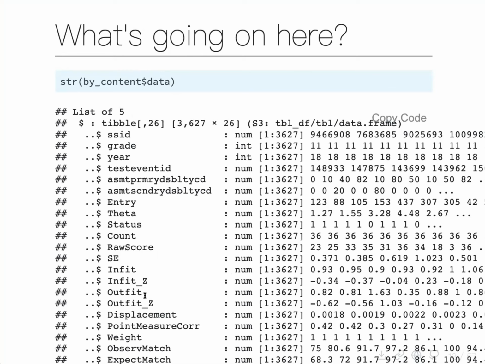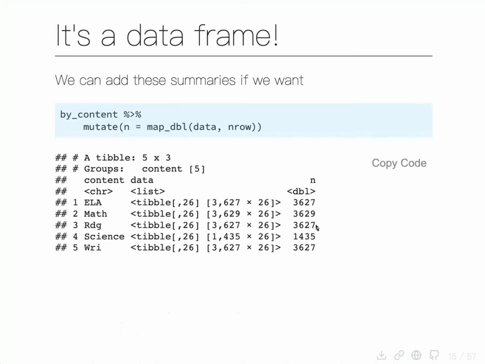And if those return atomic vectors, then we can actually add them as a column to our data frame, just like this, right? So here I'm using map_dbl to count the number of rows in each data element. Okay, so each data cell, right? If we just use map instead of map_dbl, it returns a list.